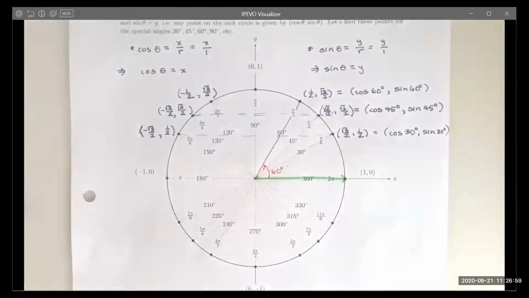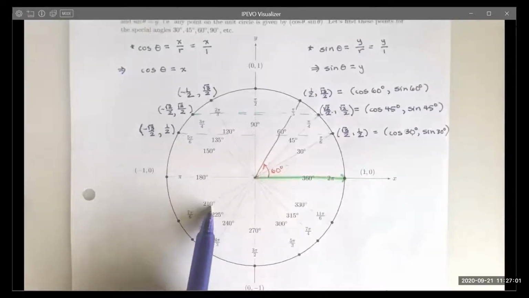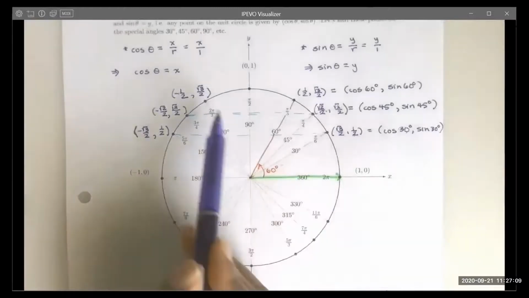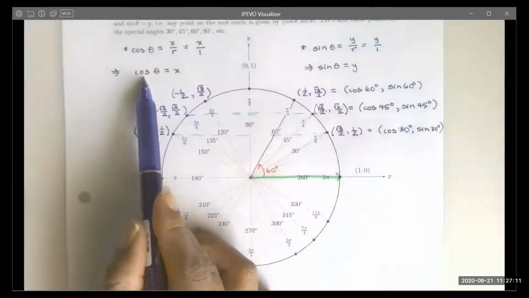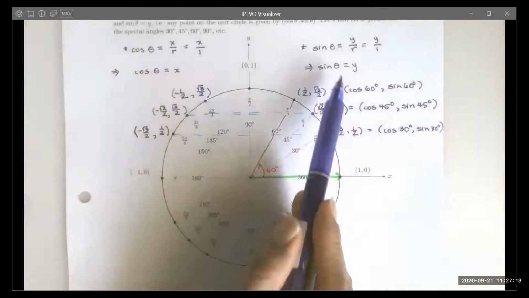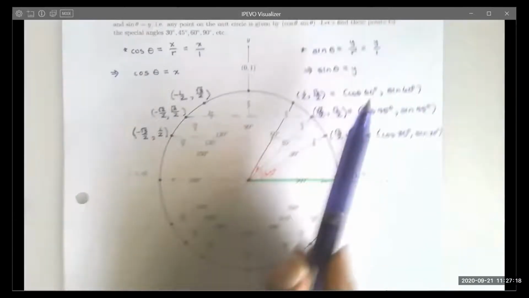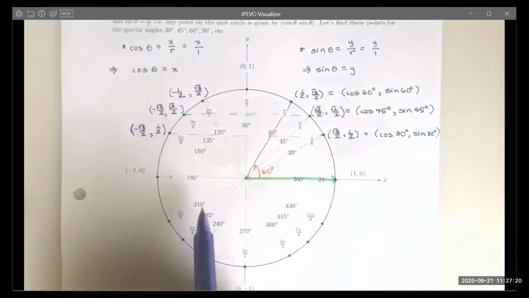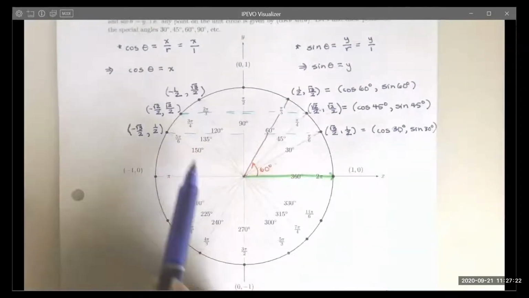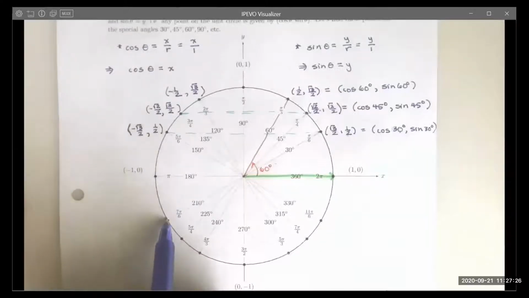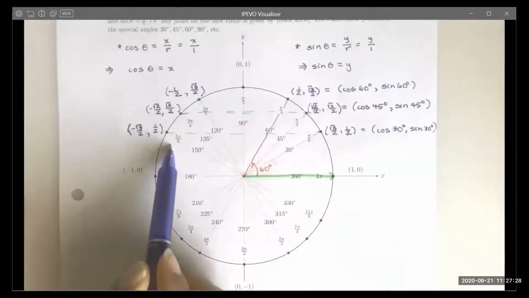Okay, so starting with 210, if I want to find what the x and y coordinates are of this point, which is on the terminal side of 210, what we have to remember is that the x coordinate is described by cosine of the angle, and y is described by sine of the angle. And so we could do a triangle, as I mentioned earlier, but it's a little quicker if we just go ahead and reflect over the point that corresponds to 210.